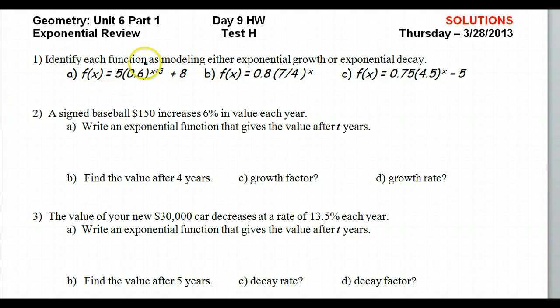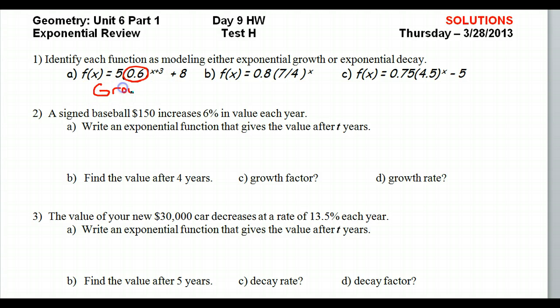Let's see, first of all, recognizing growth and decay by looking at the equation. If you want to know if it's growth or decay, this is where you want to look, right here, the base. If this number is bigger than 1, then you are looking at exponential growth.